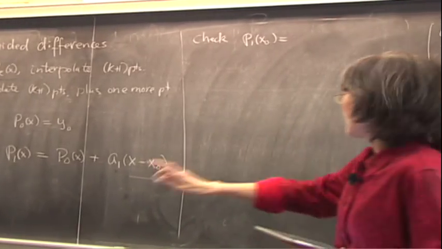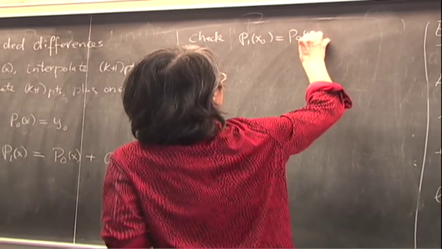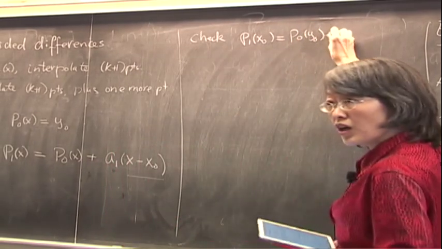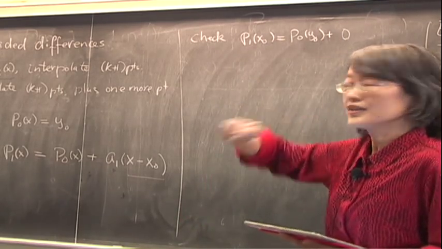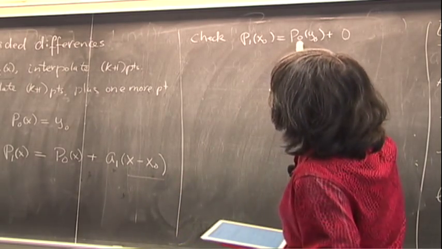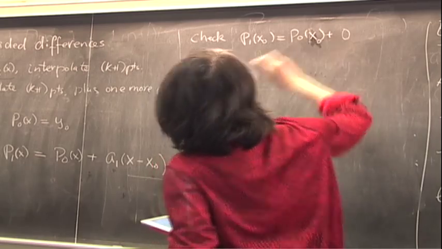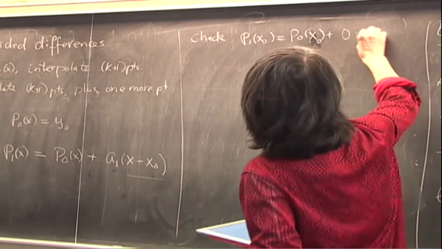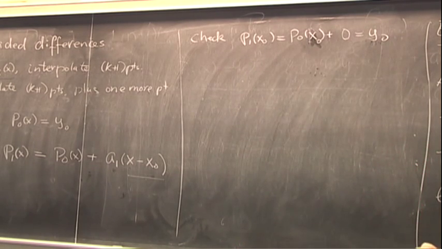Do we see it? I have p0, y0, plus what do I add on top? This term is 0 when x equals x0. And then this polynomial interpolates x0. So that's just y0, because that's the constant function, right?